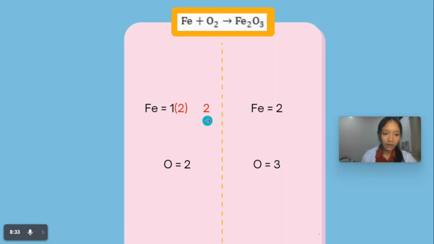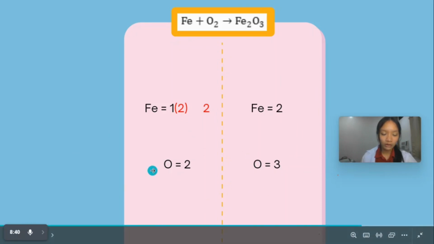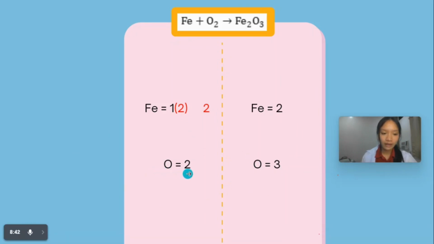However, the number of oxygen atoms is still not balanced, with 2 atoms on the left side and 3 atoms on the right side. To balance the oxygen atoms, we multiply the oxygen in the reactants by 3, resulting in 6 atoms.